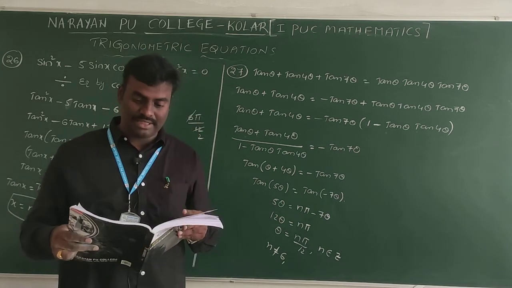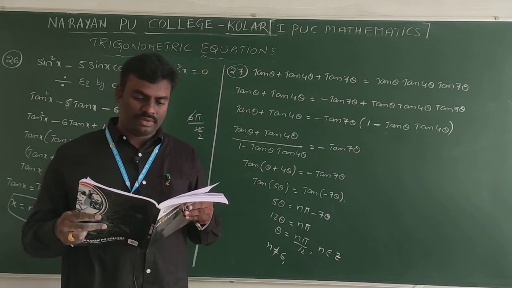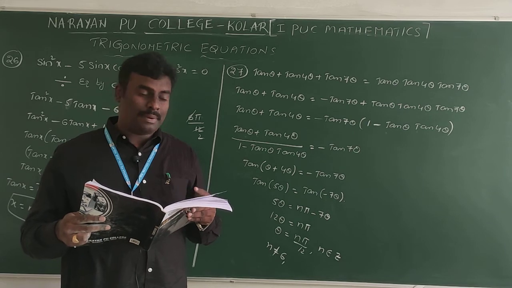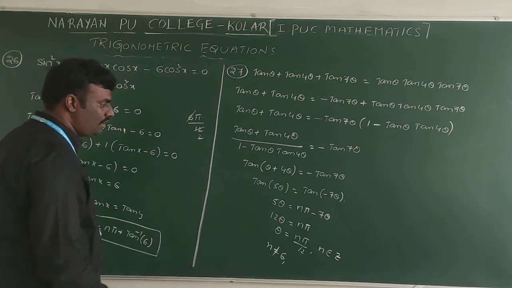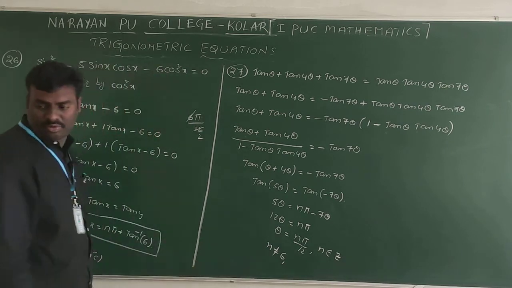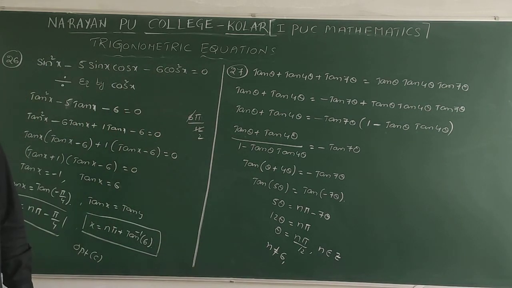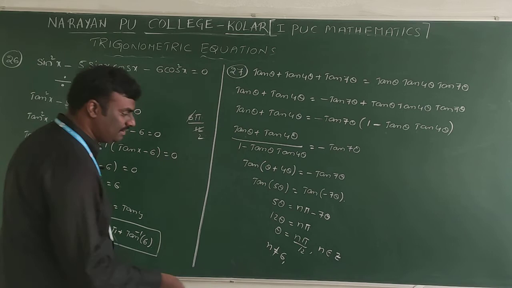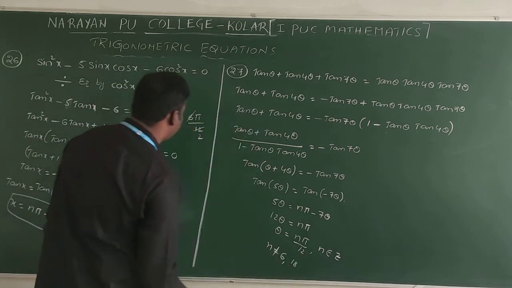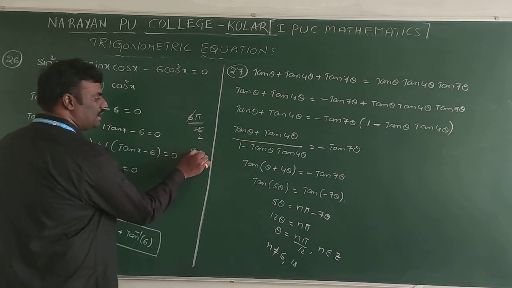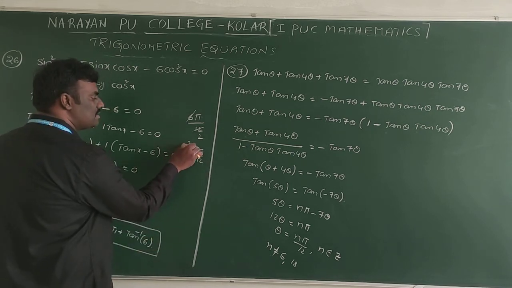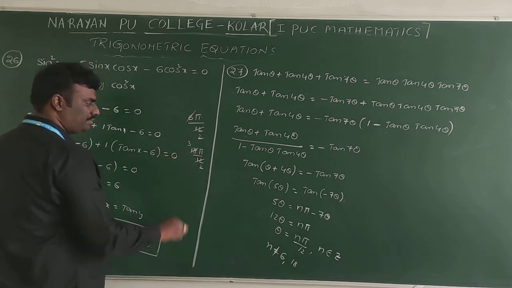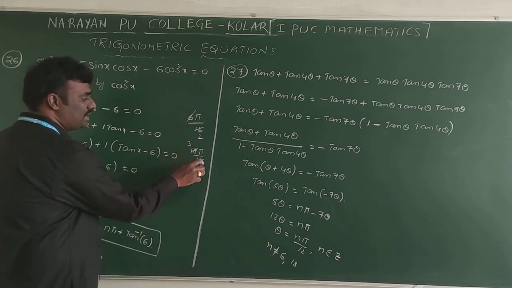I will go with the second one. What is the second option? n pi by 9. Similarly here, in the second option, take n equal to 18. If you take 18, 18 pi by 12, 6 threes are 18, 6 twos are 12. Again what you will get? 3 pi by 2.